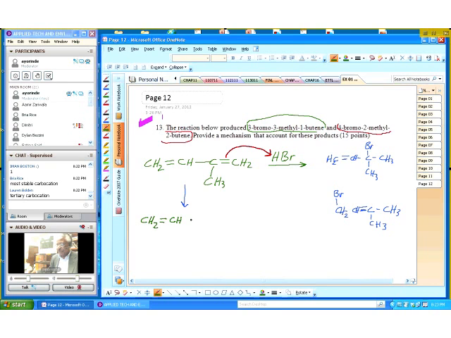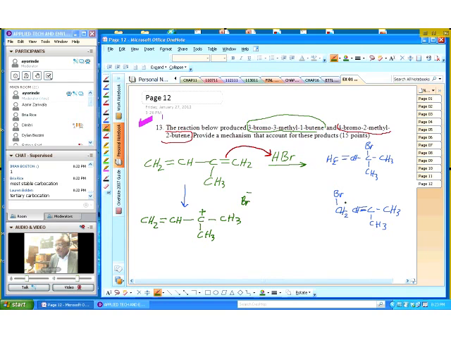We have that. Then we have this. Methyl is here, another methyl is here, and then the carbocation is here because this hydrogen here is coming from here. Of course, we know that bromide is also formed. Now keep in mind we want to explain this product and this product.